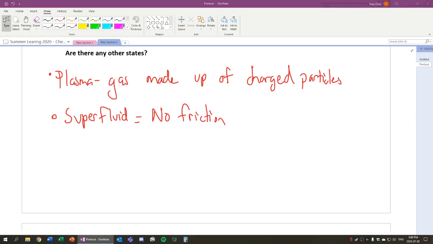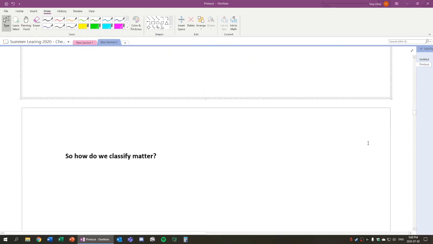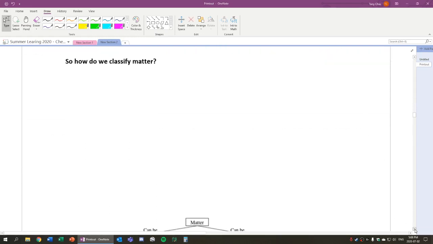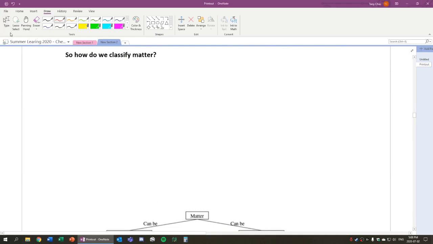So the last thing we're going to talk about is how do we classify matter? We classify matter based on these different terms. The first term we're going to talk about is element. An element is the simplest substance. That means you cannot break it down anymore.